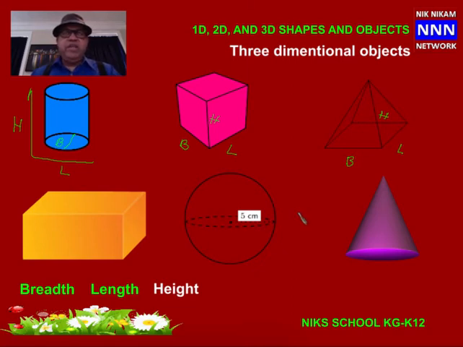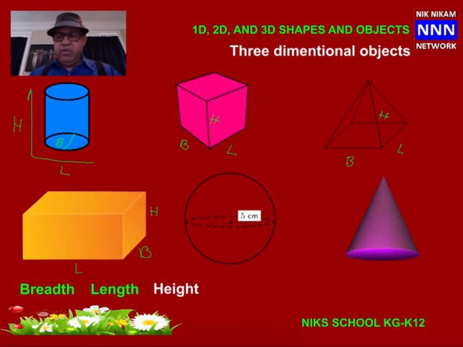See, these are all 3-dimensional objects. That means they have 3 measurable characteristics. This has 3 measurable sizes. Same thing with the box here. This is the length, breadth, and this is the height. Same way as circle. We have one circle going this way, another circle going around like this. So the circle also has 3 dimensions.